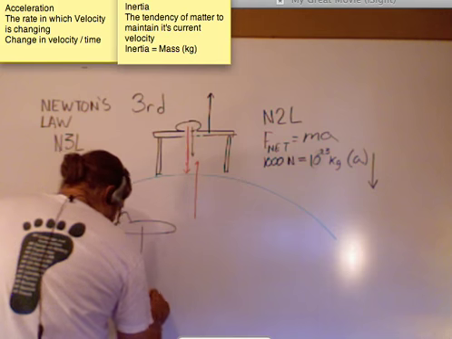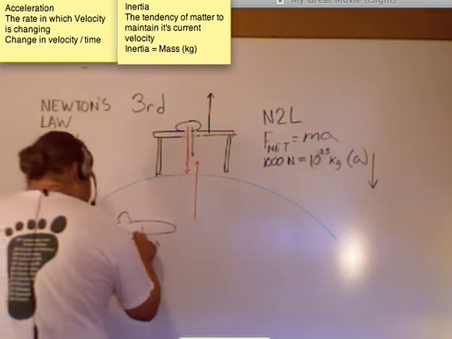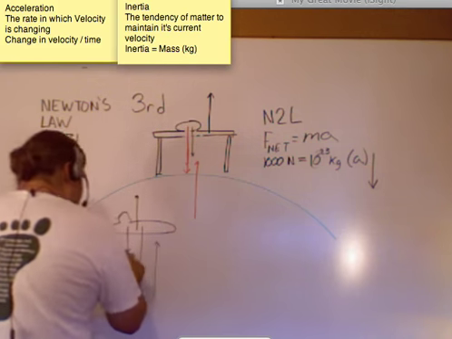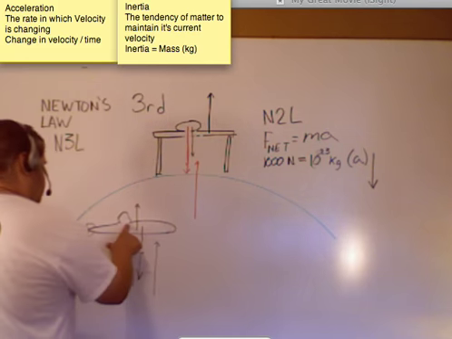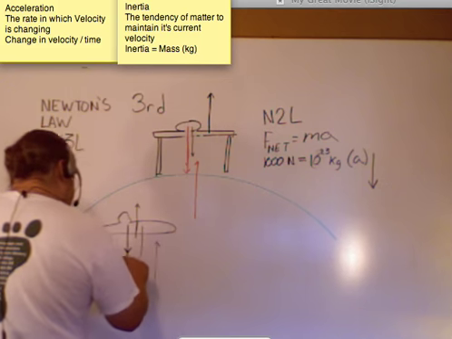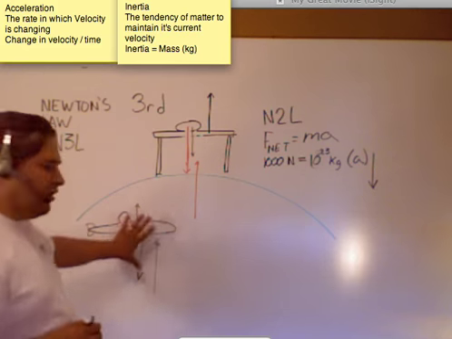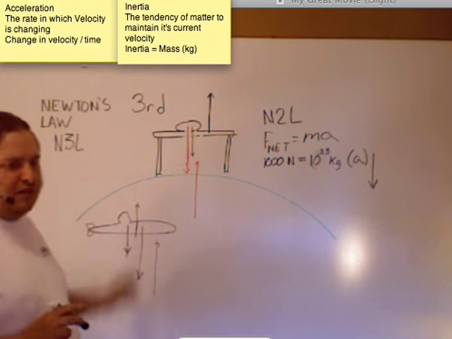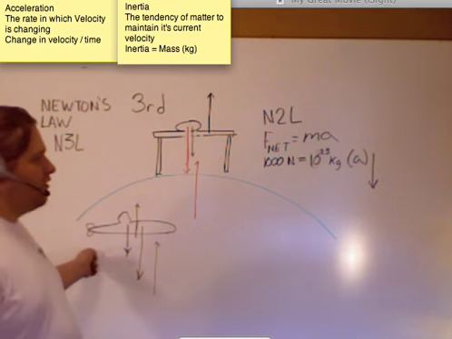The earth is being pulled by the submarine. Water is pushing up on the submarine. The submarine is pushing down on the water. Those are my pairs: water pushing up, submarine pushing down. Submarine, earth; earth, submarine. Submarine, water; water, submarine. That's how it works. That's Newton's third law.